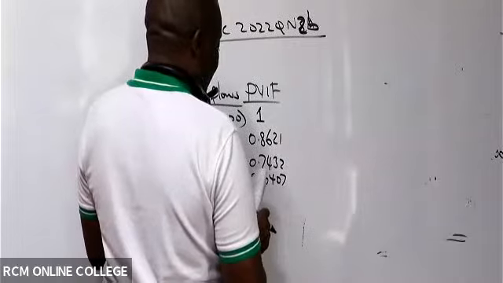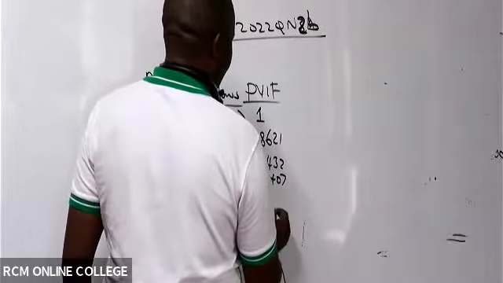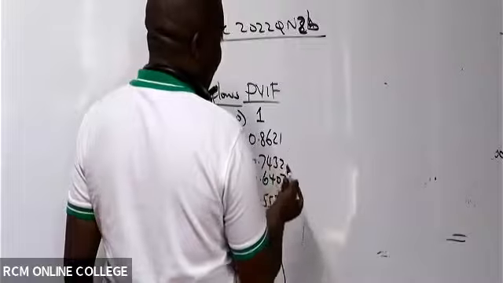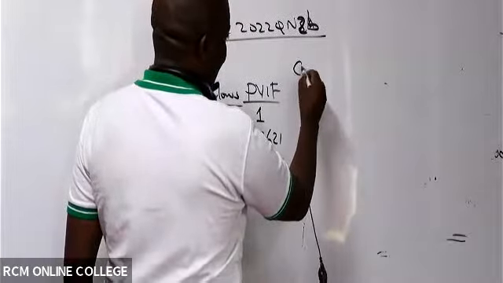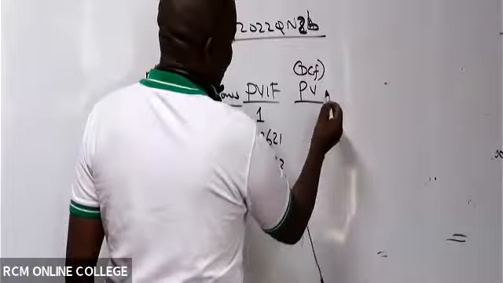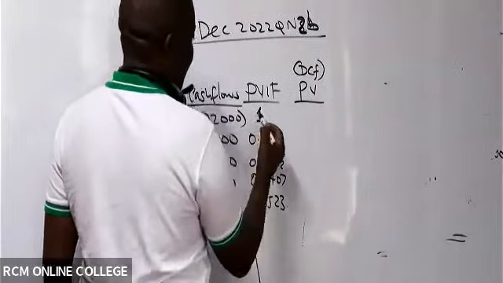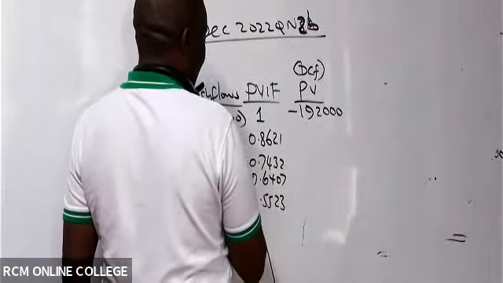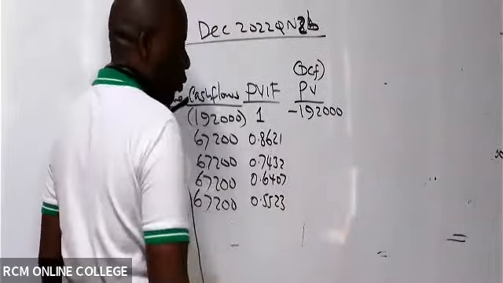Then, ladies and gentlemen, we have 0.5523. So then can you be kind enough to give me the PV, which are the discounted cash flows? So this times this gives me minus 192,000. Then we have this times this. Please give me a number to write there.